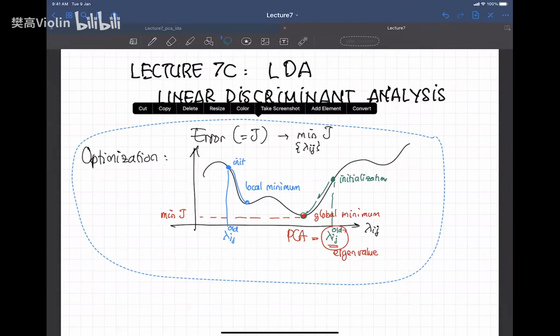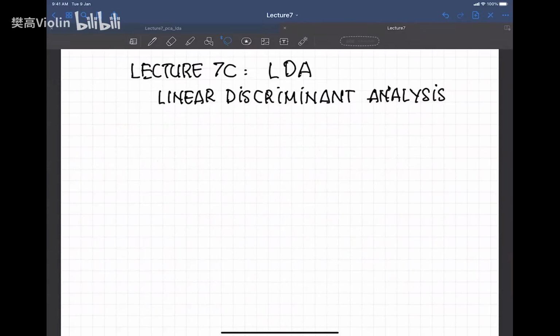All right. Okay, so now let's move on quickly to LDA. LDA is a very different approach from PCA. It's a discriminant, which means it's actually for classification. Now, what is LDA in terms of the concept?